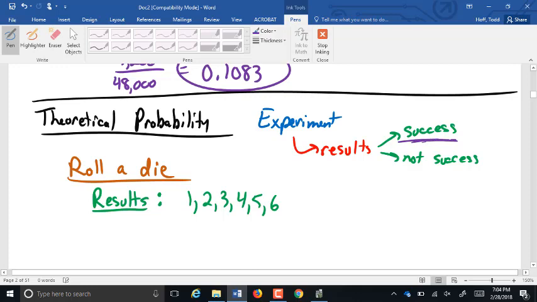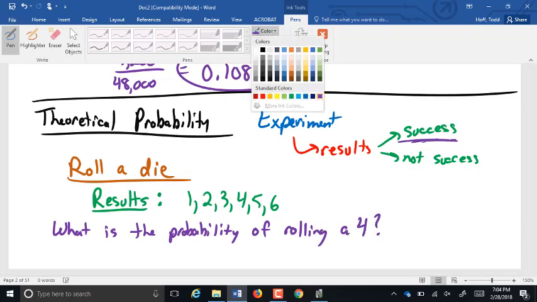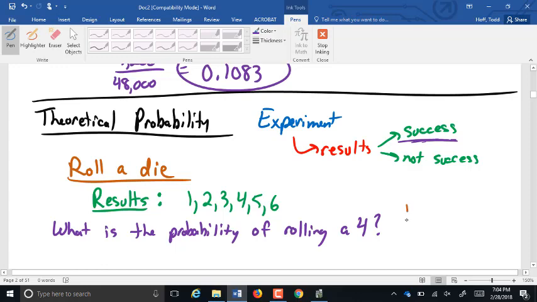So what is the probability of rolling a 4? Well, how many 4s are there? 1. How many total possibilities are there? 6. 1 out of 6, or 0.1667.